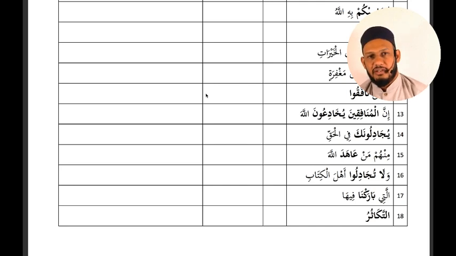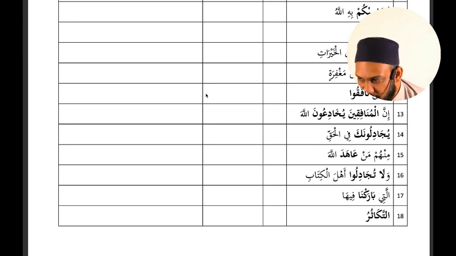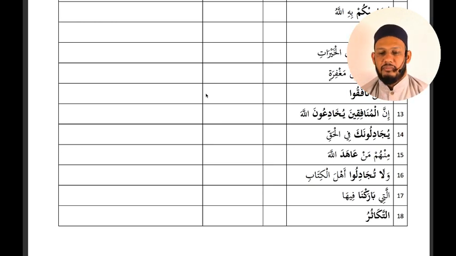Jadala, yujadilu, jidalan, mujadilun, mujadalun. Amr is jadil. The nahi is la tujadil. La tujadil is for one male. For a group of people, la tujadilu. And do not argue with Ahl al-Kitab, the people of the book.